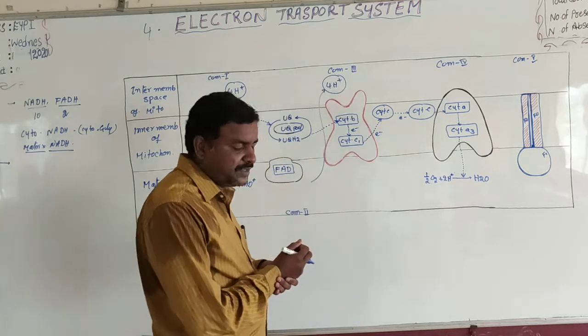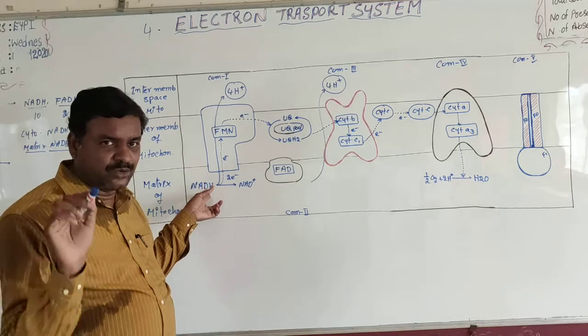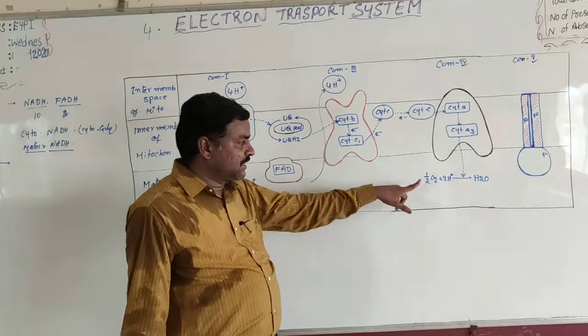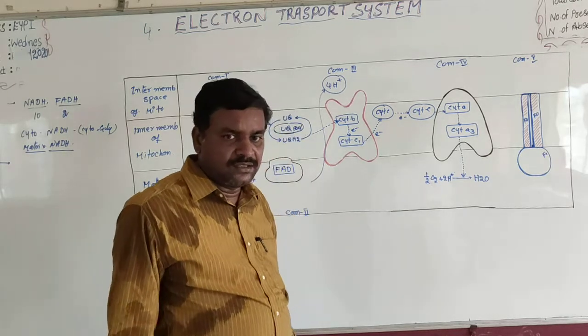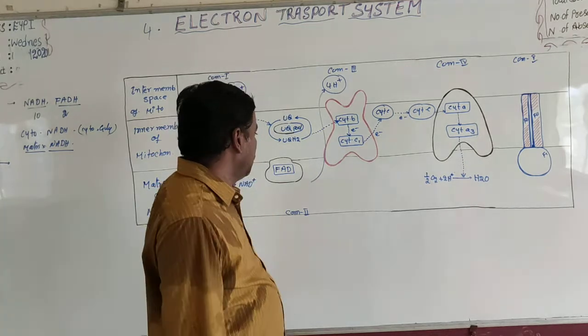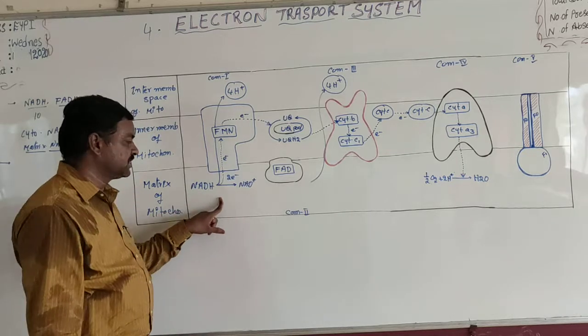In this way, the oxidizing agent in the electron transport system is a coenzyme, either NADH2 or FADH2. The alternate reducing agent is water. Okay, so this is the electron transport system of matrix NADH2.